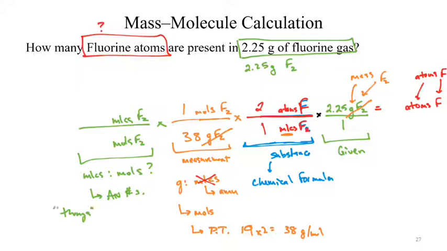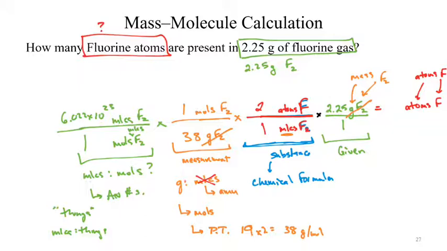Okay, that was our big edit. Molecules are things. So when we're going through and looking at this, this is moles of molecules of things. 6.022 times 10 to the 23rd molecules is 1 mole of molecules of F2.